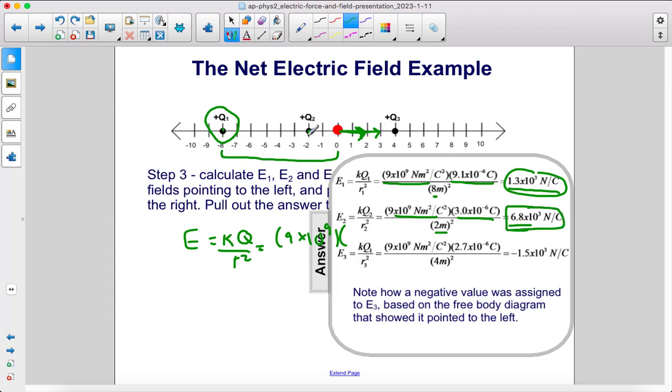You can see that the field due to this charge is much larger than the field due to this charge, and that's because of the distance, right? We have that inverse square. So if you're farther away, the field will be much smaller. All right, and finally we have the field due to charge 3, and we plug in our numbers, we get our magnitude, and it's going to be negative since the field due to that charge points to the left.